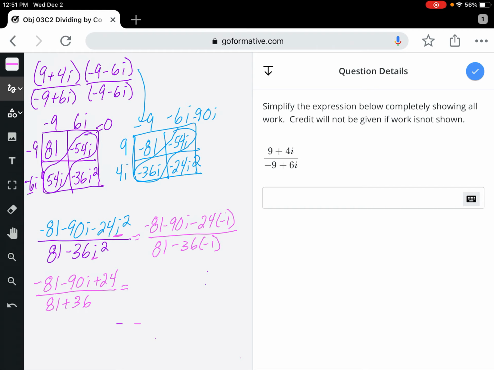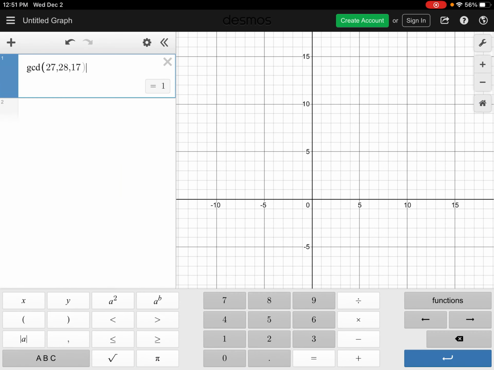So negative 81 plus 24 is going to be negative 57. Okay. Minus 90i over 81 plus 36 is 117. Okay, so now you find the greatest common factor of 57, don't use the negatives, 90, and 117.